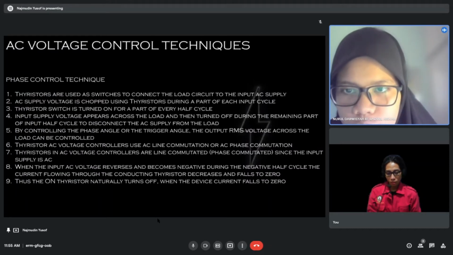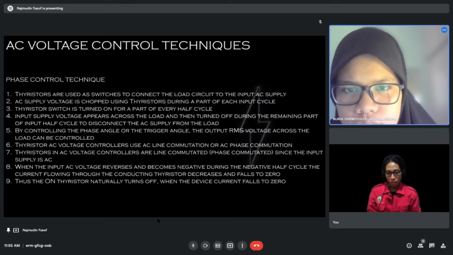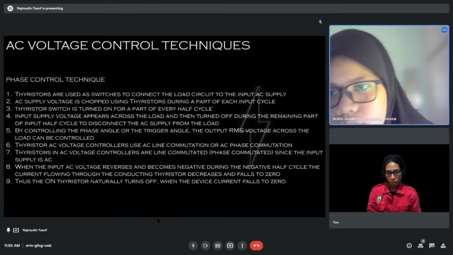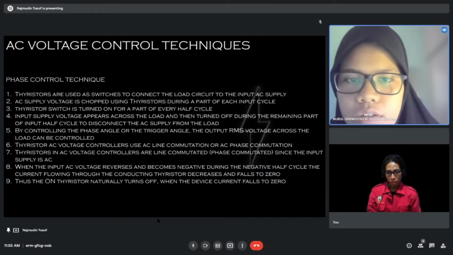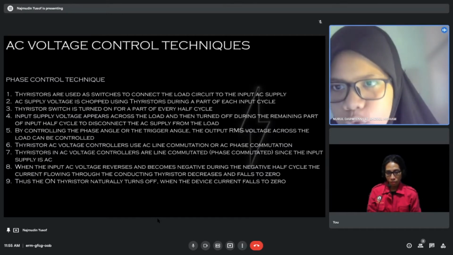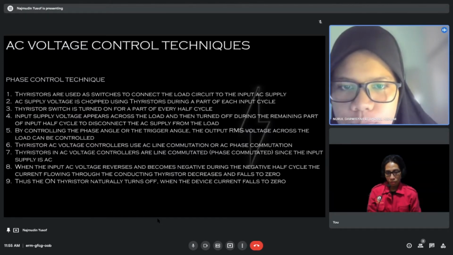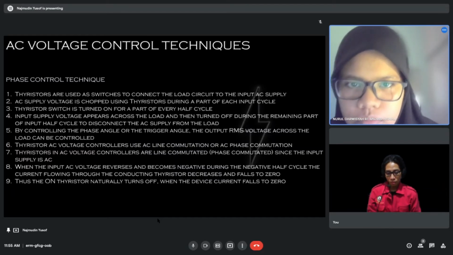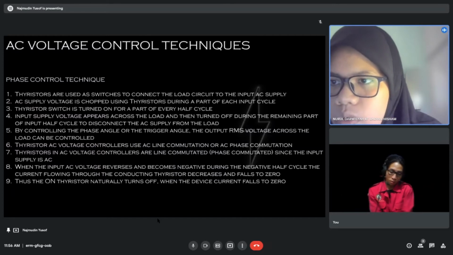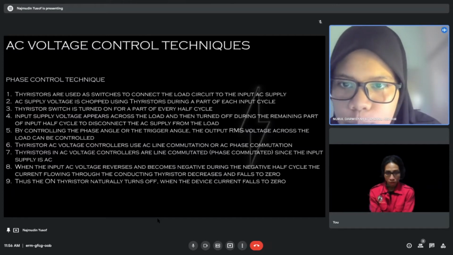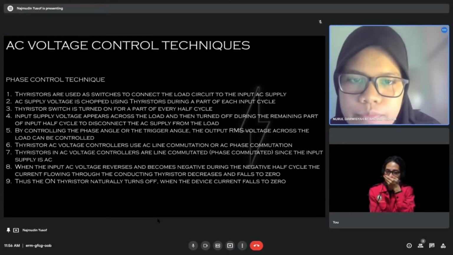Input supply voltage appears across the load and then turns off during the remaining part of the input half cycle to disconnect the AC supply from the load. By controlling the phase angle or the trigger angle, the output RMS voltage across the load can be controlled.